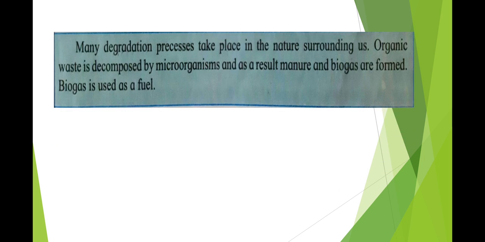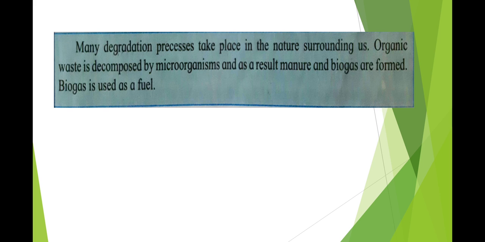Now, here in the book we can observe a column. In that we have given that many degradation processes take place in our surroundings. Organic waste is decomposed by microorganisms, and as a result manure and biogas are formed. Biogas is used as a fuel. This is also a decomposition reaction.